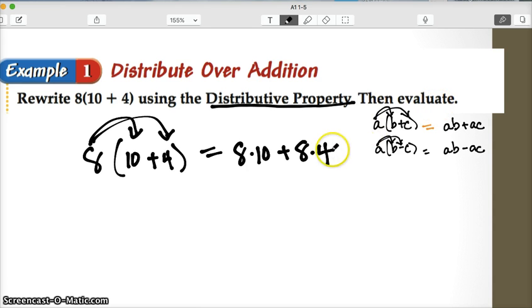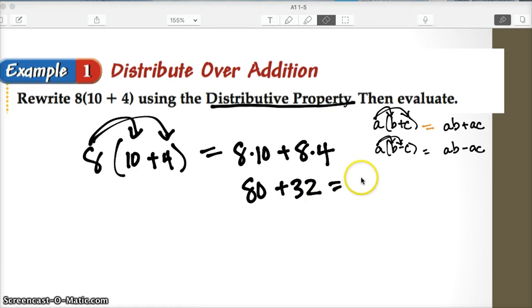Now it's time for us to evaluate. So we remember, evaluate means to give a numerical answer. 8 times 10 is the first thing that we need to do. We're going to do multiplication left to right. 8 times 10 is 80, and 8 times 4 is 32. So we end up with 80 plus 32, which is going to give us 112. And so that's our answer.